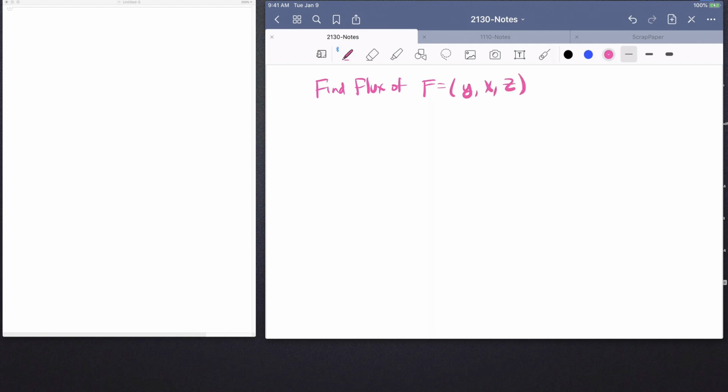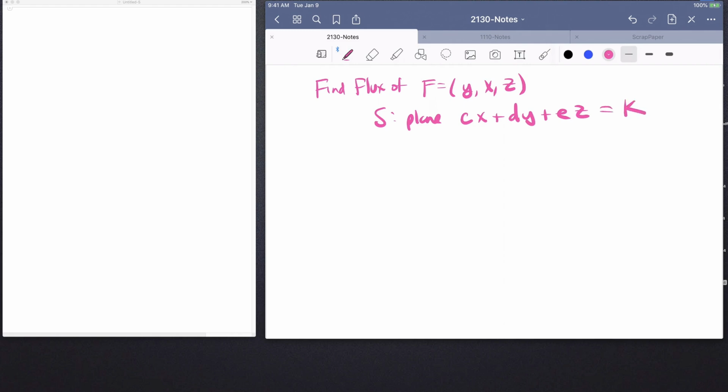That was the blue vector field that I showed you in the previous picture. And then let's say that we have a plane. Our surface is given by a plane, and we know that a plane is of the form some number times x plus some number times y plus some number times z equal to some constant k.